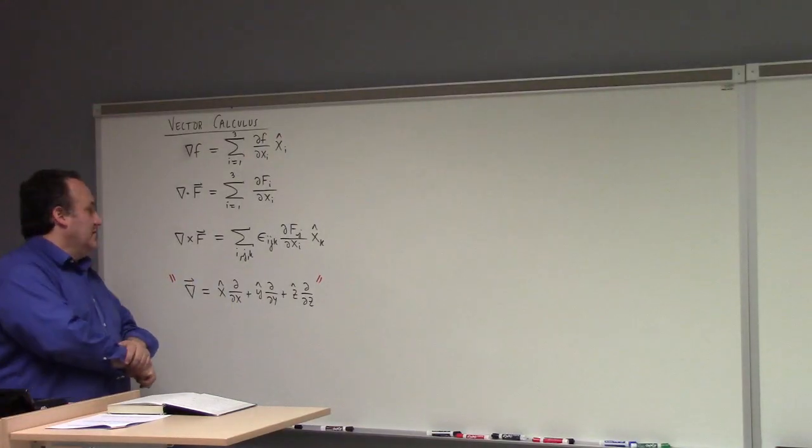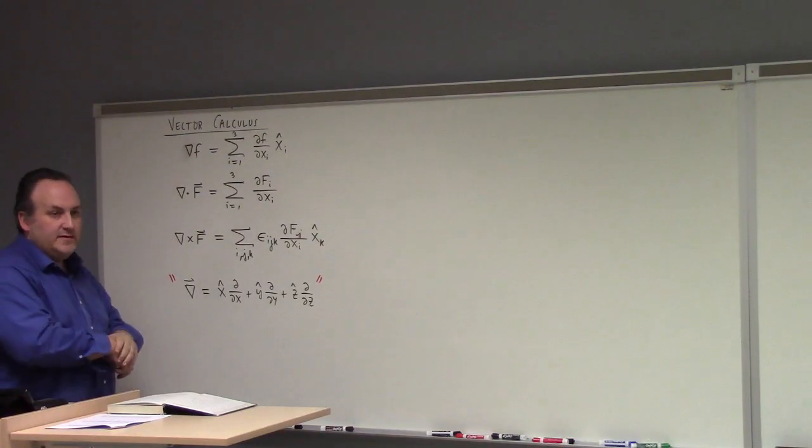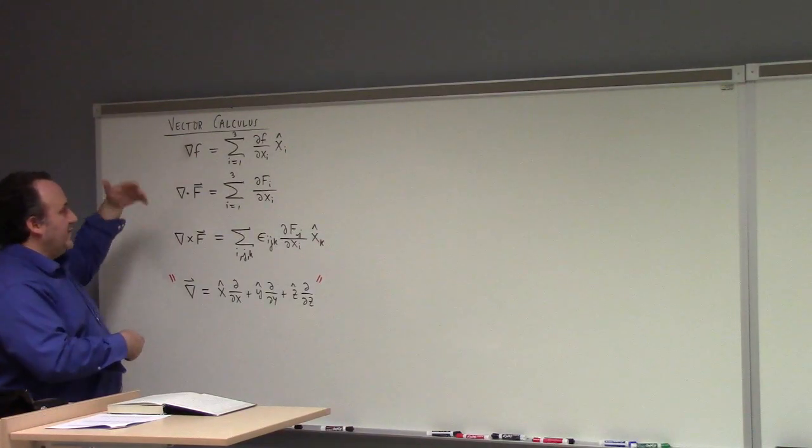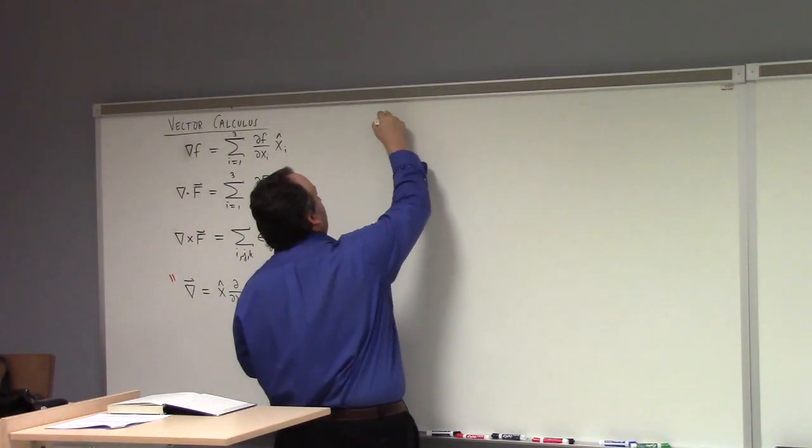All right, so the question I want to ask today is, well, first of all, we'll do some more calculations, right? But first I'd like to prove the properties of these. We've already done the properties of the gradient, right? What are those?